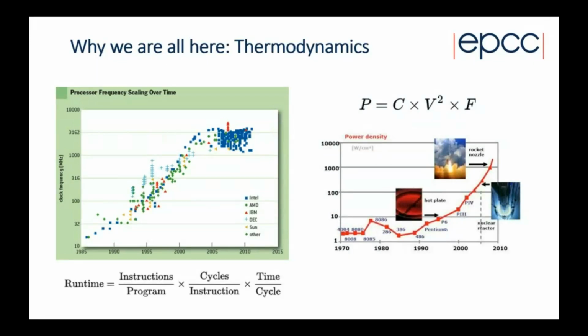Okay, so in the bottom left, I'm sorry, I should start again. The runtime of a program can be determined by the number of instructions I need to do per program, the cycles I need to run per each instruction, and the time per cycle.